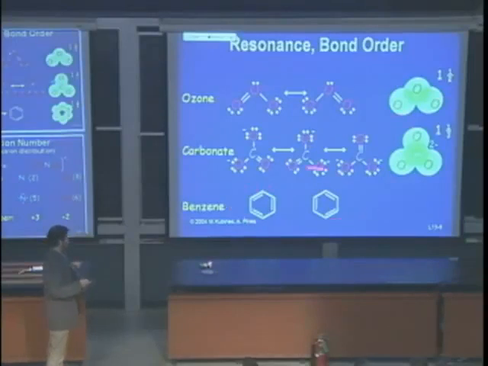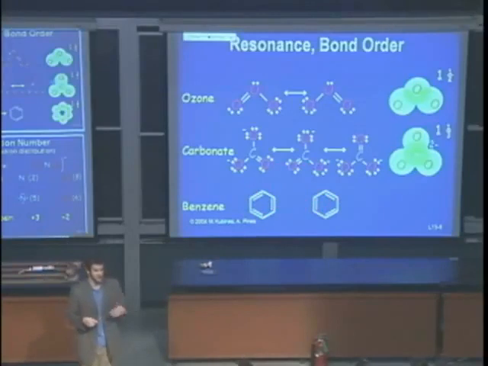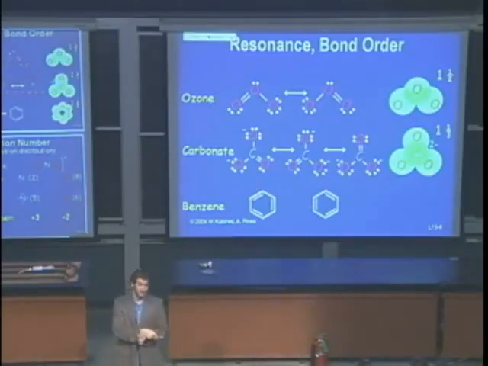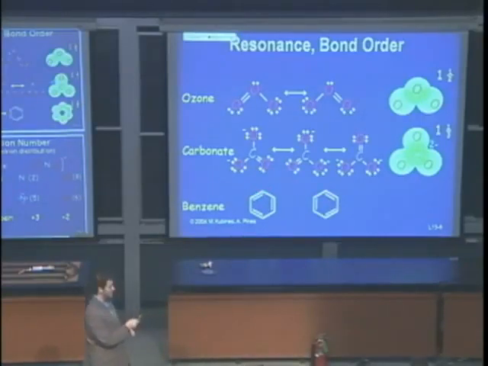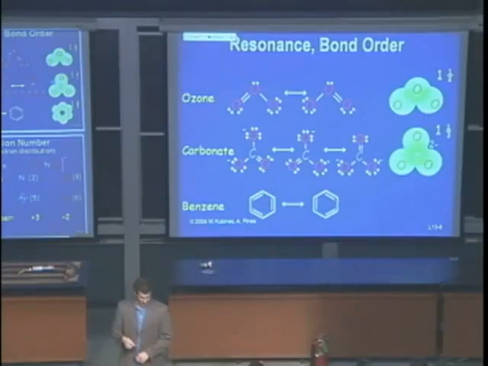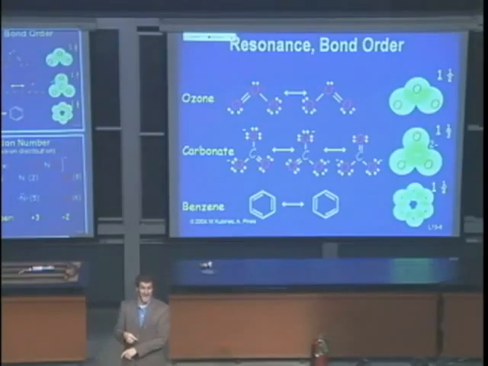And what I actually observe, again, is the average of my resonance structures. So the bond order in benzene is going to be what? If I look at this bond here, I've got a double bond here and a single bond here. So bond order 2 plus bond order 1 divided by 2 resonance structures gives us a bond order of 1.5.